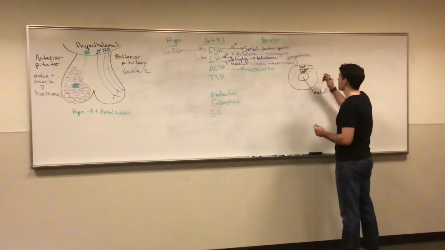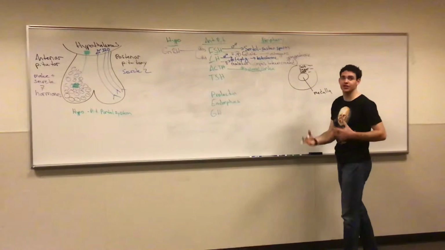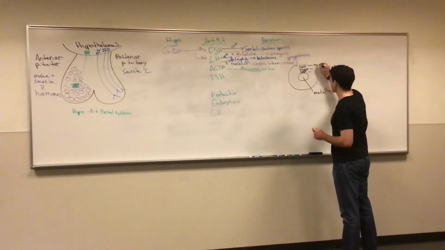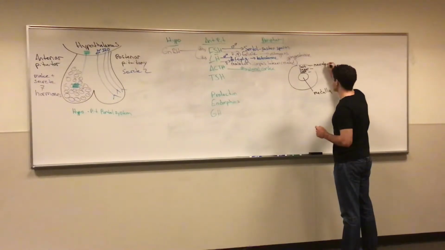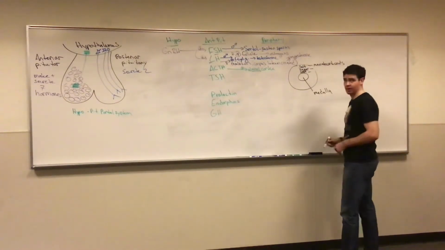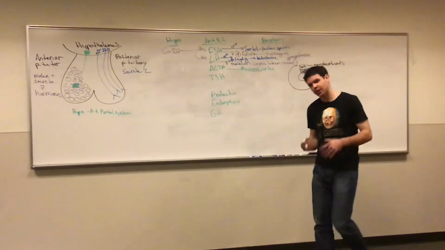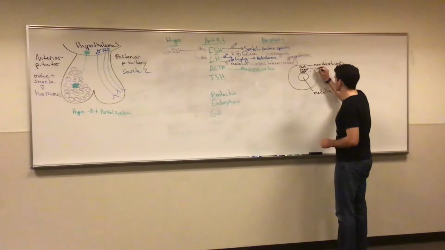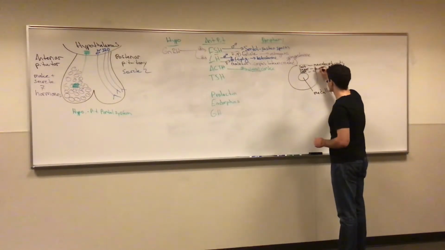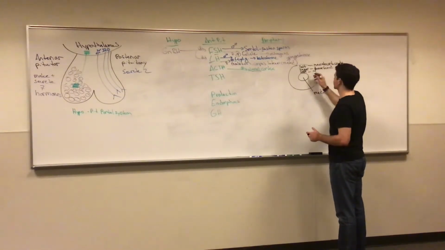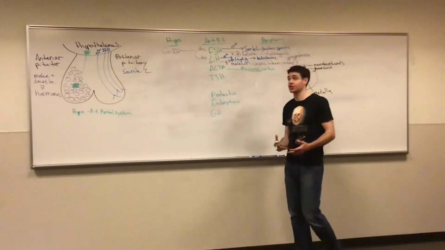Salt is a mineral, so this is mineralocorticoids. If you're affecting sugar, you're affecting glucose. We call it glucose in biology. So this is glucocorticoid. And then sex hormones are just estrogen and testosterone.